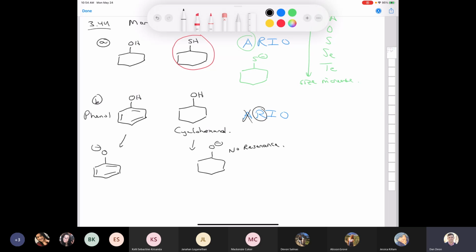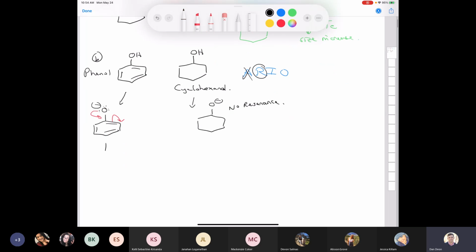Whereas for the phenol, we can draw 3 resonance contributors. I'm not going to draw them all because we spent a lot of time talking about resonance, but you should be able to draw the resonance contributors relatively quickly. So we have the negative charge here, right? And you should be able to keep pushing those electrons around, right? And draw out all of the remaining 3 resonance structures from there.